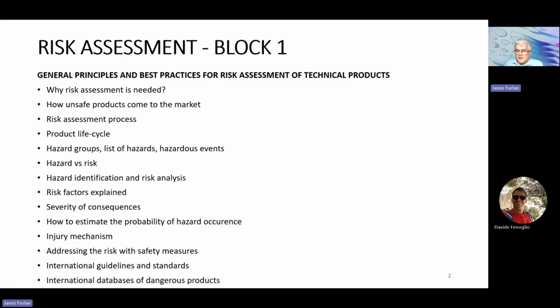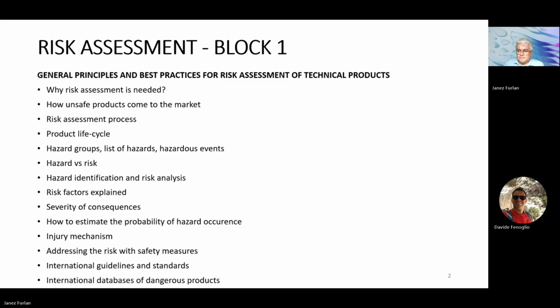Then I will explain the basics of risk assessment, the methodology, the principles, and at the end, I will also have a transition into how to tackle the risks, which measures can be taken by the manufacturers, and also I will guide you through the basic guidelines and standards that are developed for this purpose.